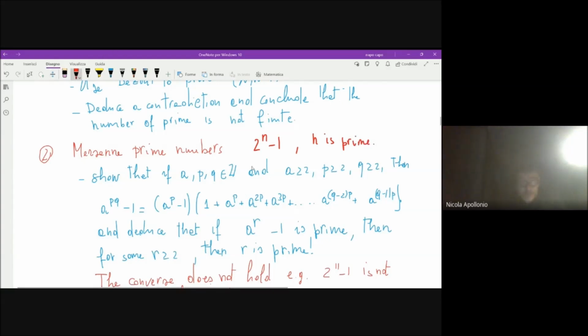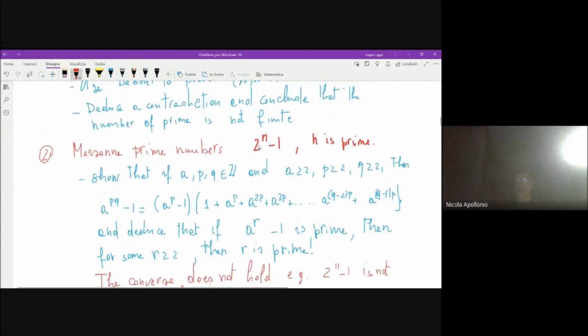Numbers of this form when n is prime are called Mersenne numbers, not Mersenne prime numbers. Even if n is prime, it is not granted that the corresponding Mersenne number is prime. So the Mersenne prime numbers are those Mersenne numbers which also are prime.